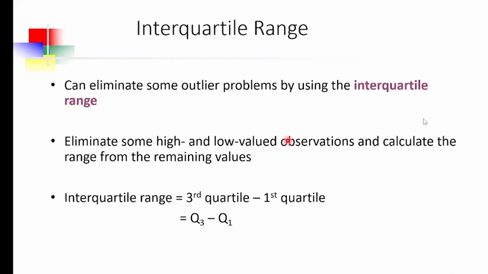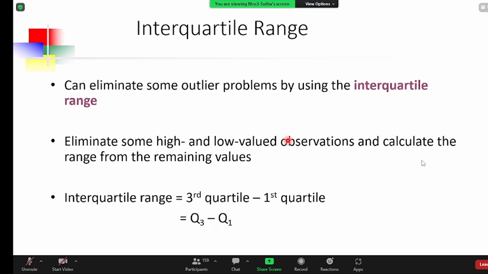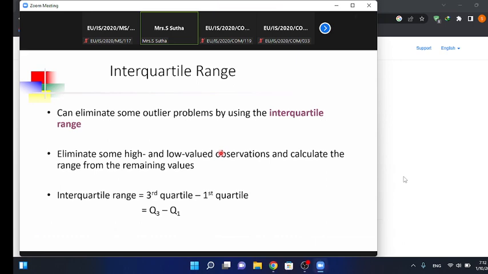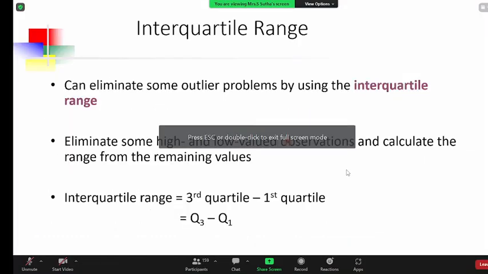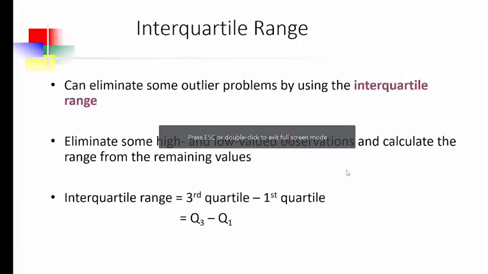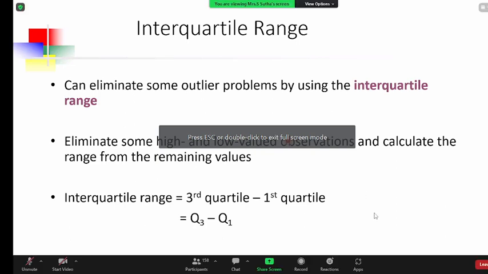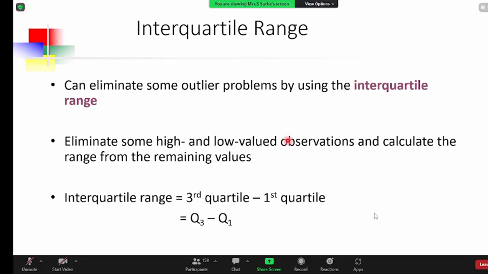Then the interquartile range. This is very important because if there are outliers, then to summarize our results we take the median value as the measure of central tendency.